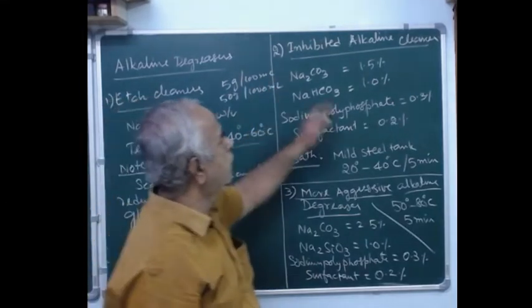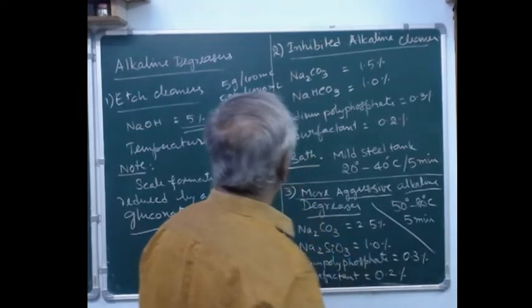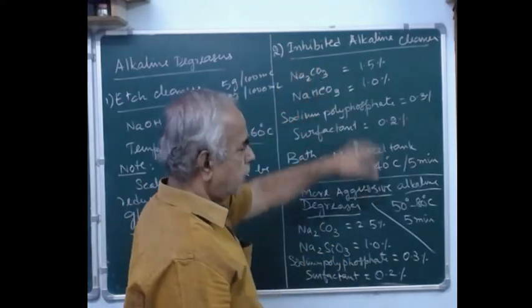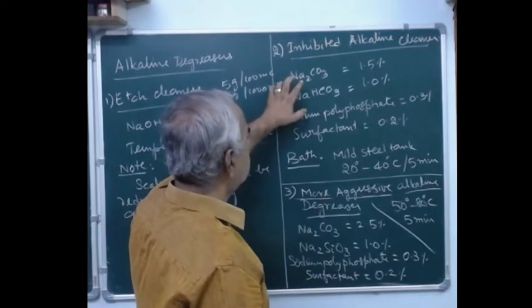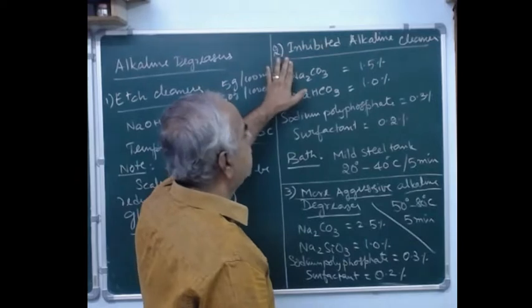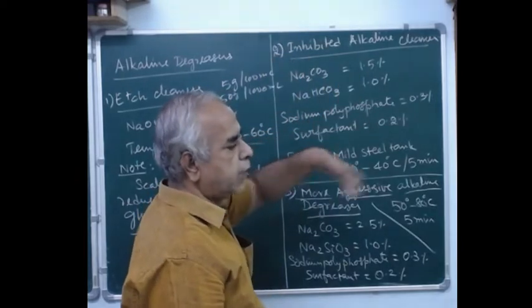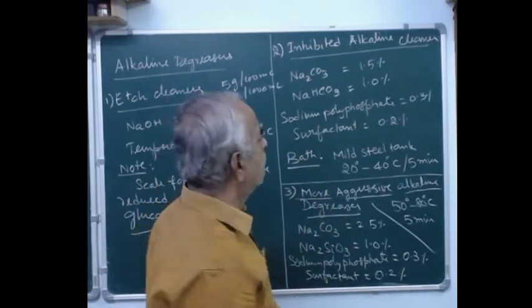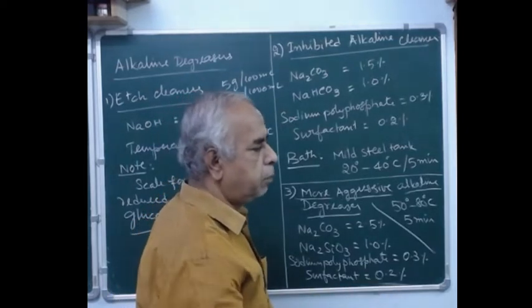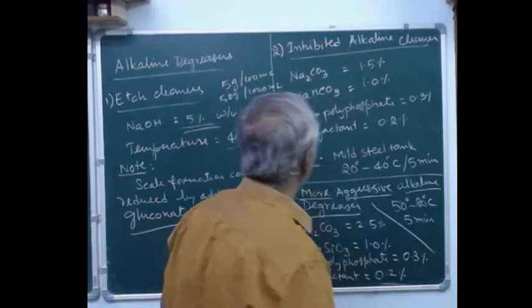Now let us go to the next formula. Here I am talking about the inhibited alkaline cleaner. We can use sodium carbonate 1.5%. Inhibited means restricted, so its reactions are restricted, so that you can avoid alkaline pitting and erosion or corrosion also.